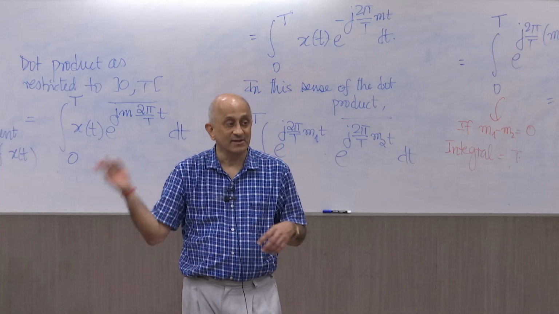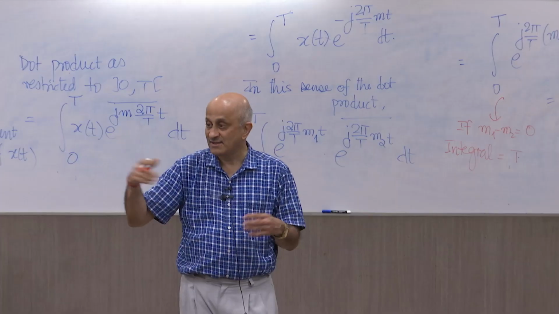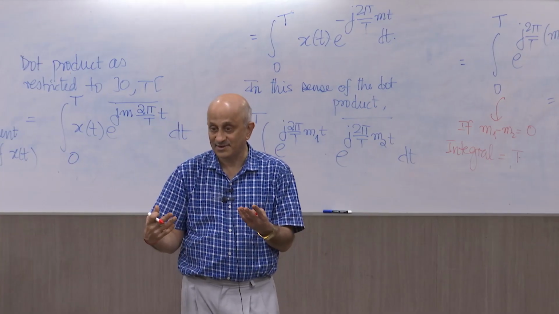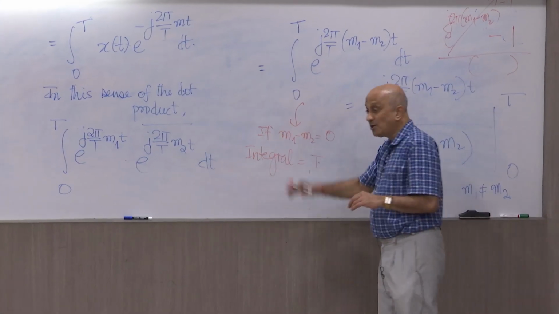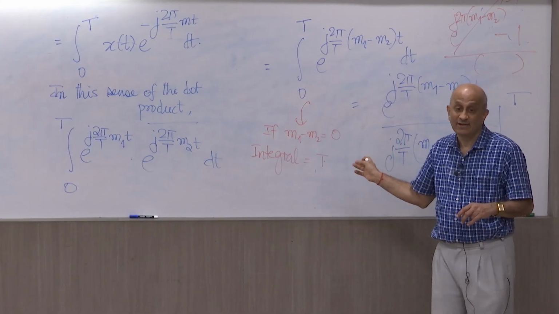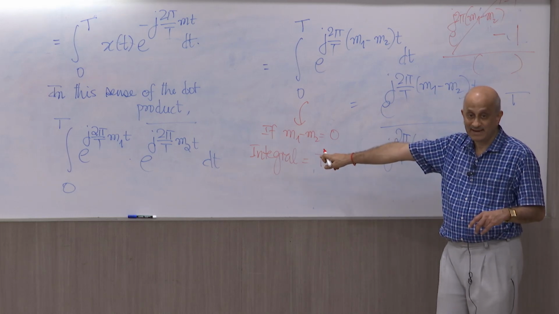And the rotation of a phasor over an integral number of cycles brings you back to the same point. So therefore the difference is 0. Is that right? So what it means is that the dot product is 0 when m1 is not equal to m2, but it's non-zero only when m1 equals m2, right?